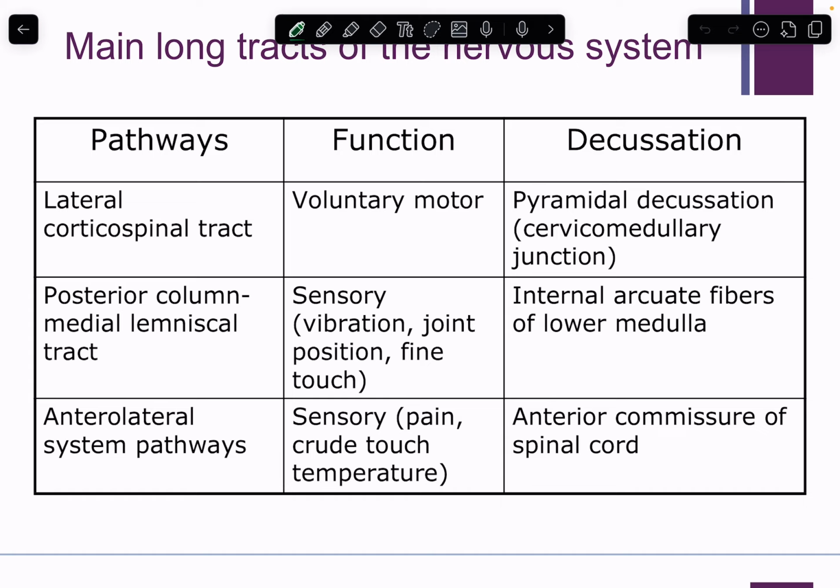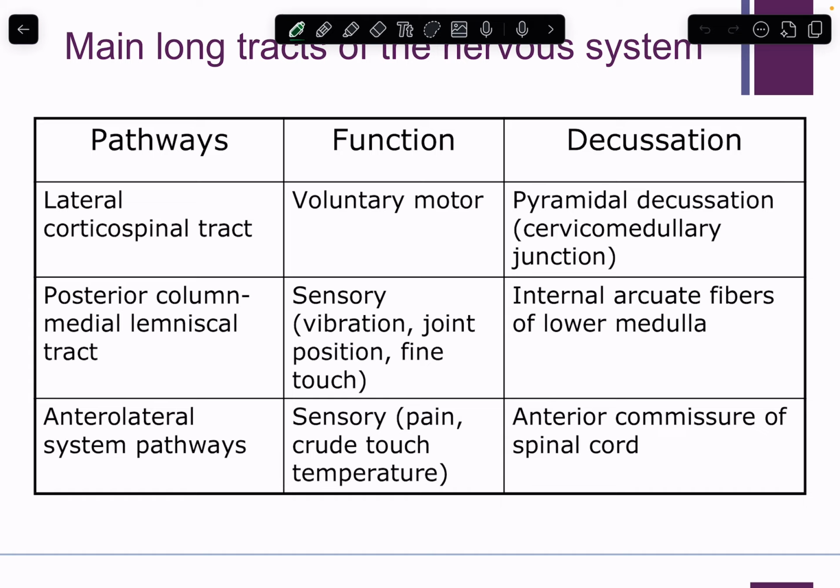After crossing to the opposite side, they will now ascend in the anterolateral column of the spinal cord as the spinothalamic tract. Then again, this will ascend all the way to the thalamus. It will synapse over there, and then it will project the information to the primary somatosensory cortex.